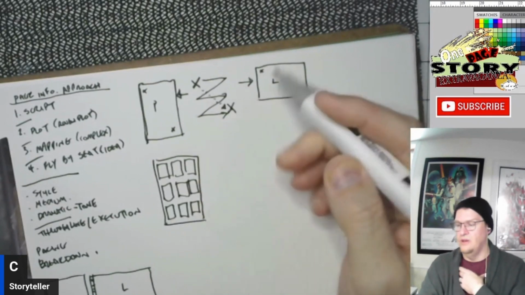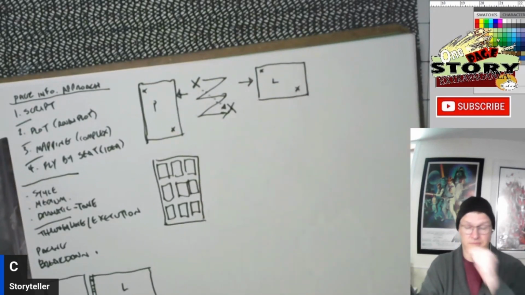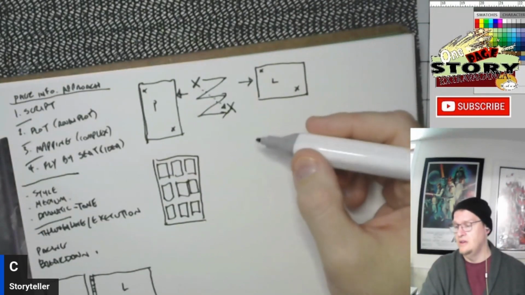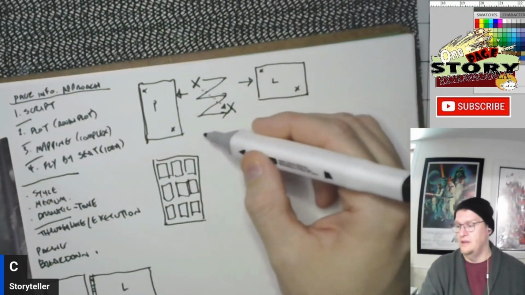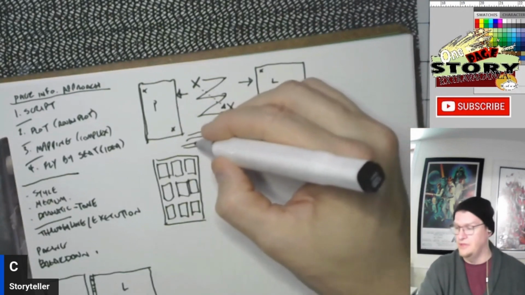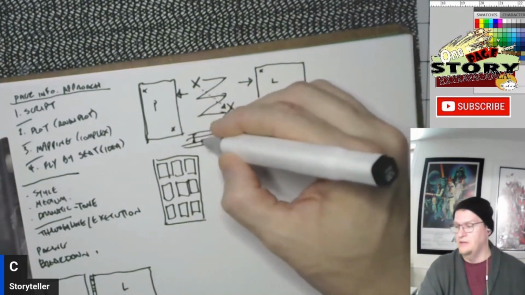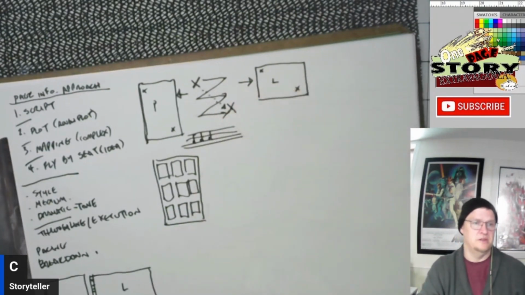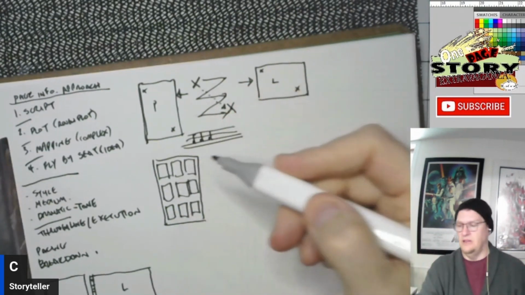A smart way to think about this, I believe, is music. If you look at this on a chart for music, each of these panels is a note, single spacing, that, that, that, that.